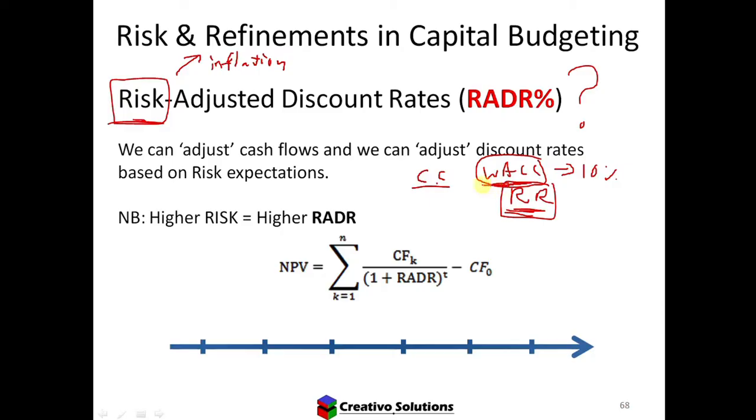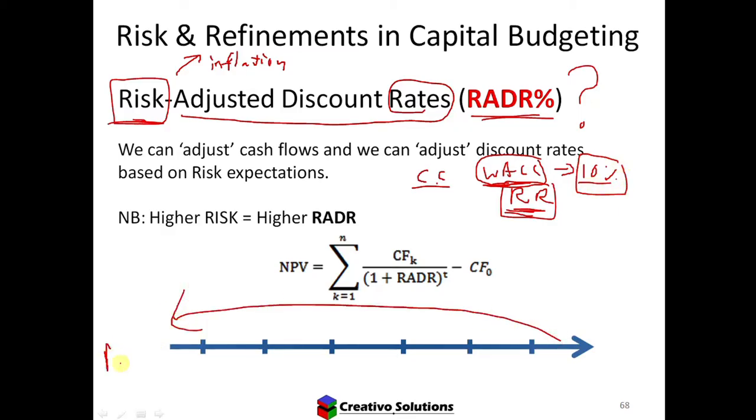Even though you've calculated a WACC of 10%, you might say, let's adjust the rates to get a risk-adjusted discount rate, because if I discount my cash flows at 10%, the NPV might be positive. But now, because inflation is a huge consideration in the world that we're living in, and oil prices are increasing, cost of living is increasing, there's a war happening in the Ukraine, etc., we might say there's additional risk.